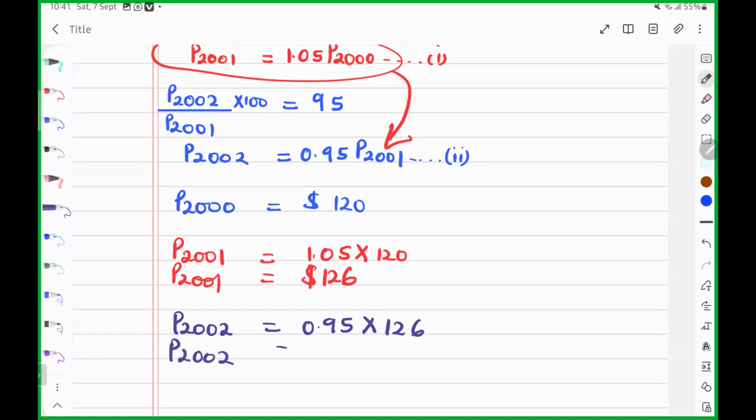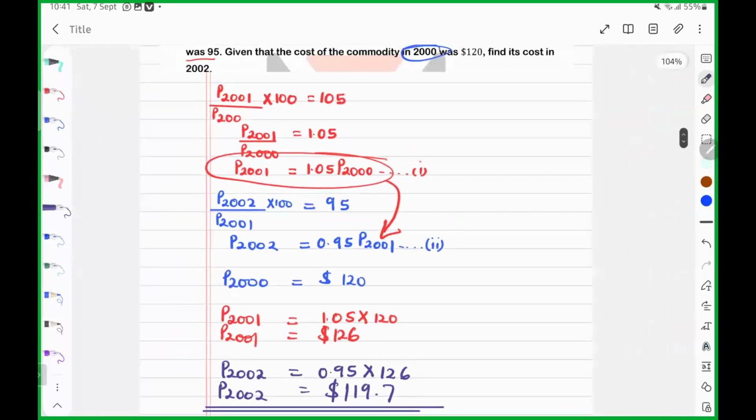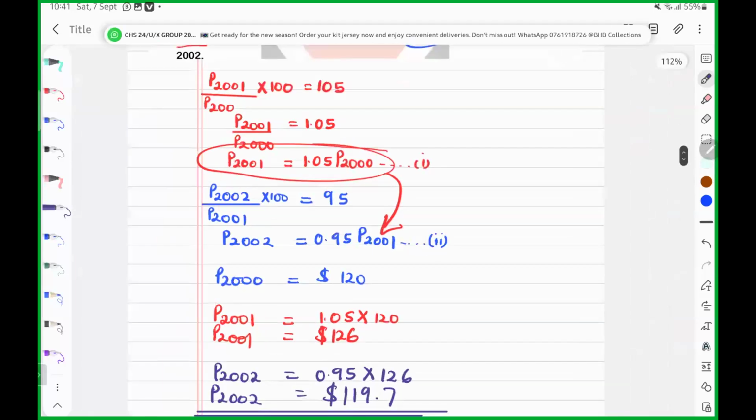So the price will be equal to $119.7. So that is what they wanted us to get from our question. I hope that's clear.